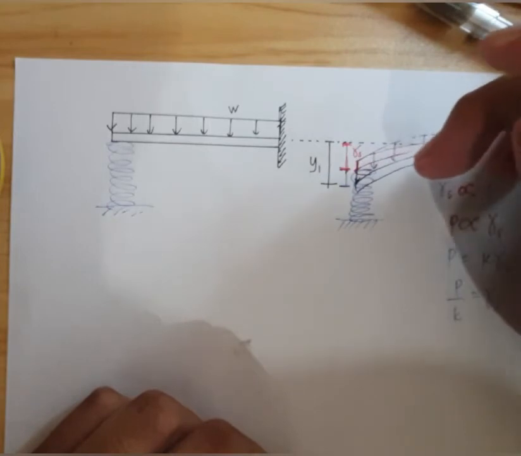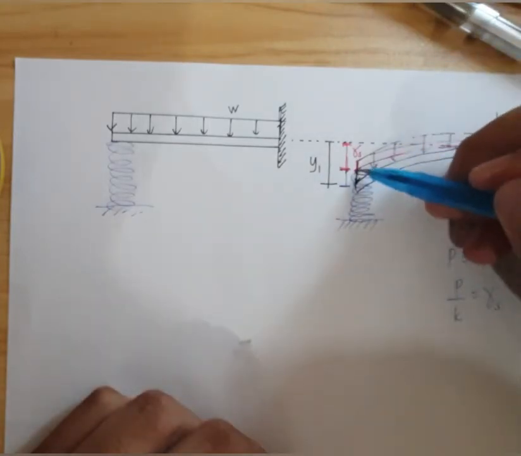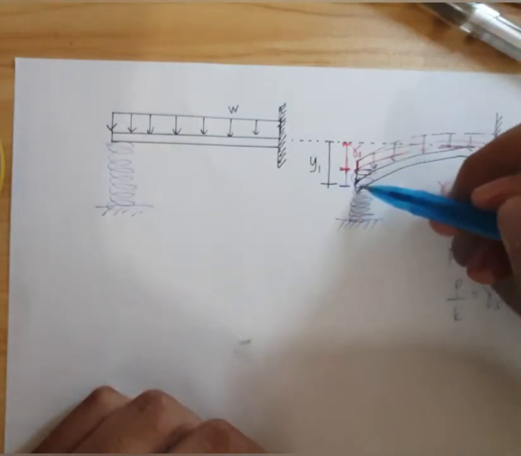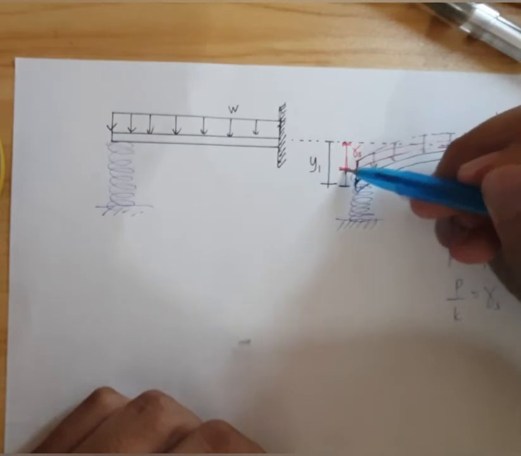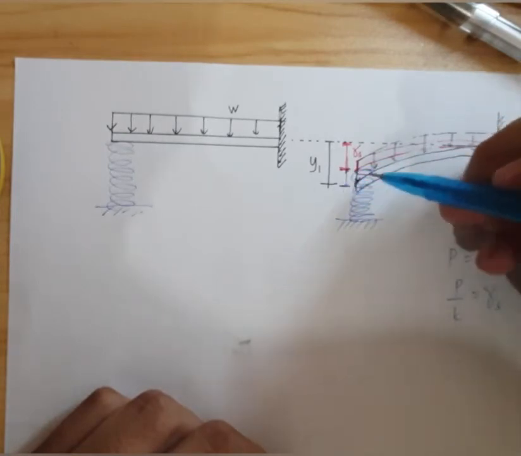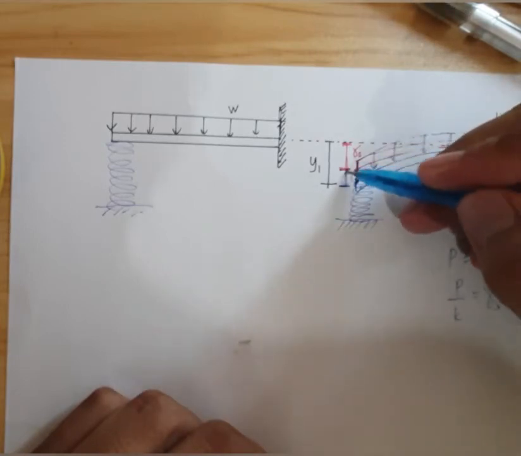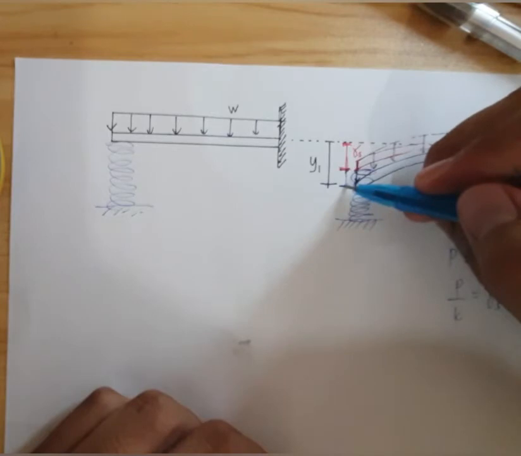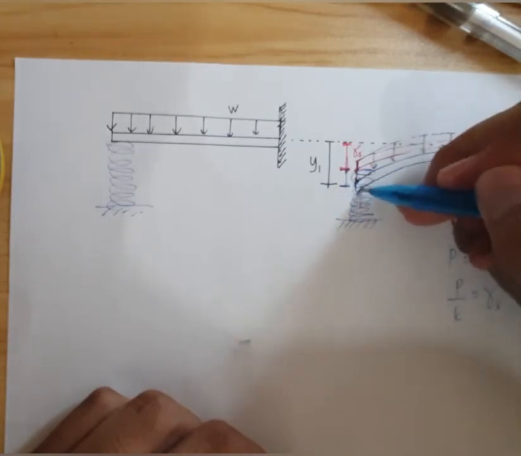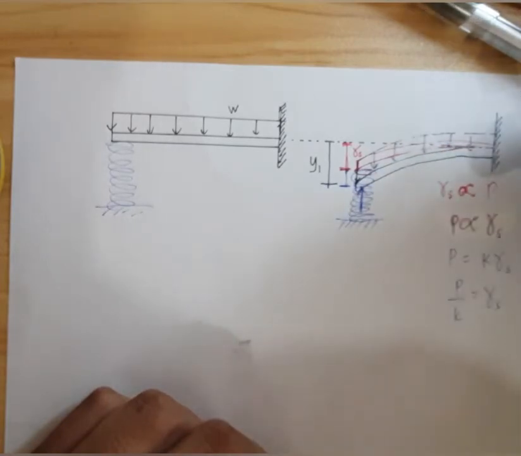What remained was supposed to shorten up to this point, but it rose up to this point due to the spring. So this distance that was raised or held by the spring so it does not reach y sub 1 is the resistance offered by the spring, which is considered as a concentrated load.